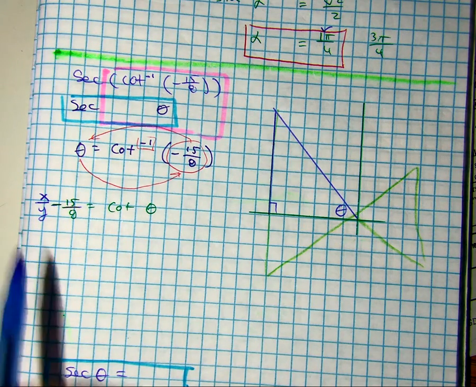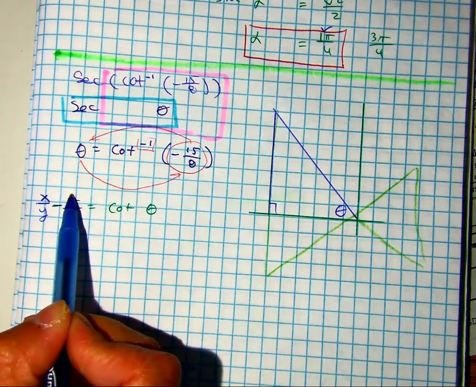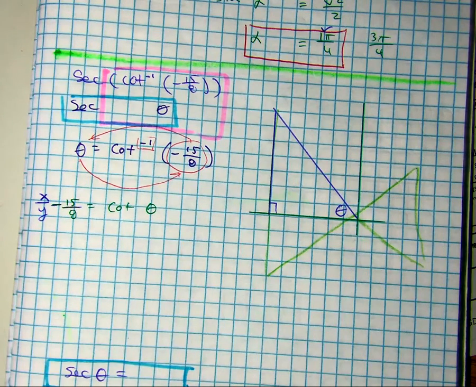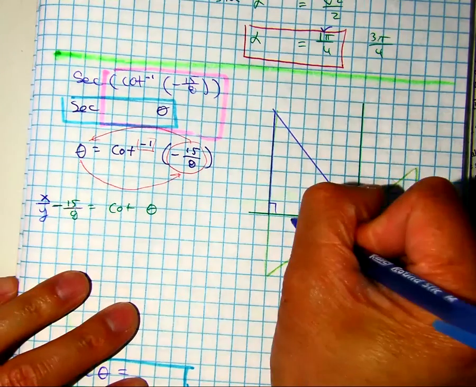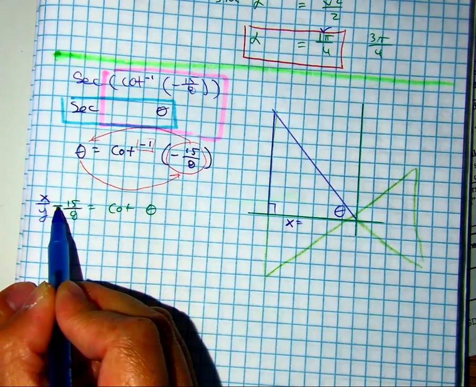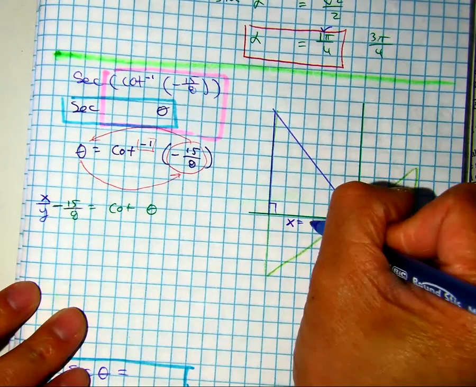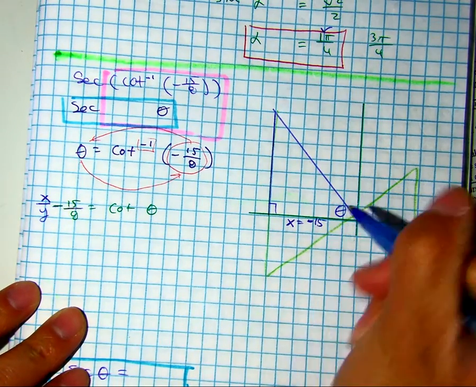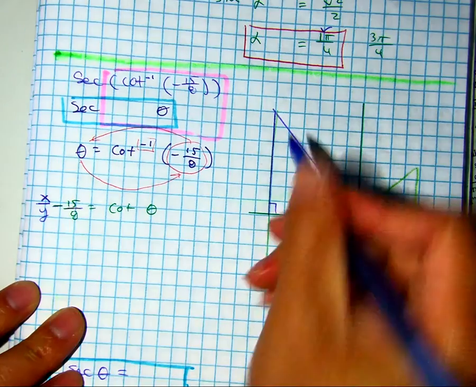Is it to the x, the numerator, or to the y? If you look at our picture, the x, is it positive or negative? Negative. So where does the negative sign go? To the 15. The y value is a positive 8.